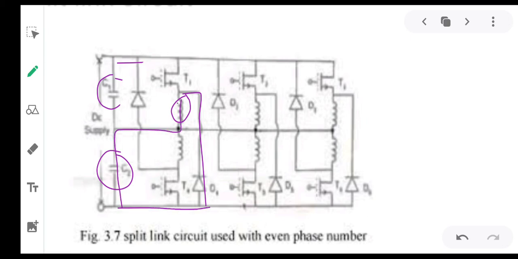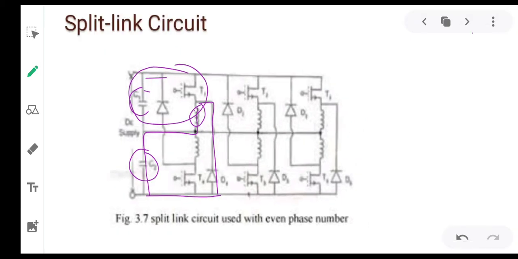So this is the discharging path. So I can say that energy is supplied back to the source through the second half, or lower, the other half, isn't it? So charging will require one half of the supply, and the energy is fed back to the DC supply through the other half of the supply. So this is the split link circuit, and this is applicable only for an even phase number.